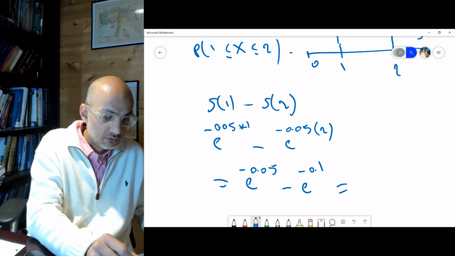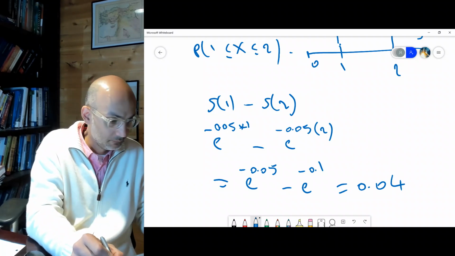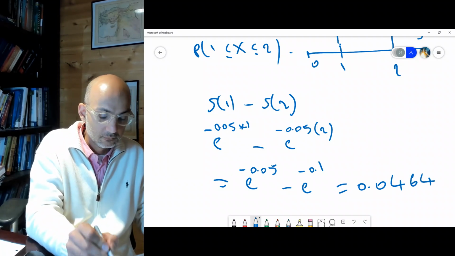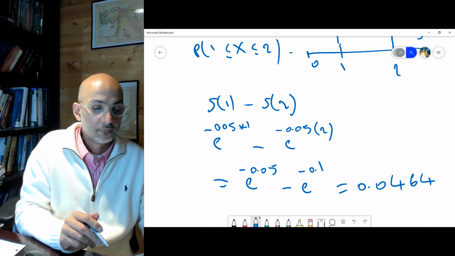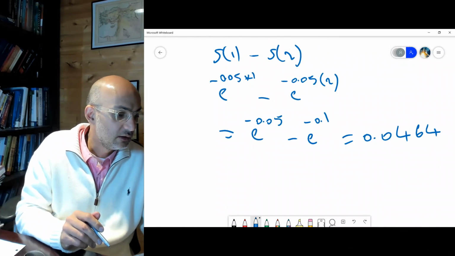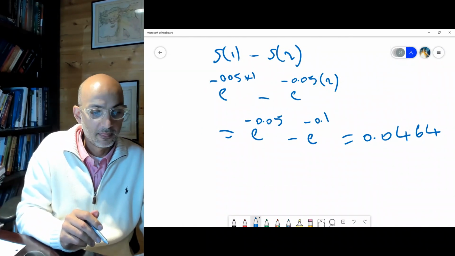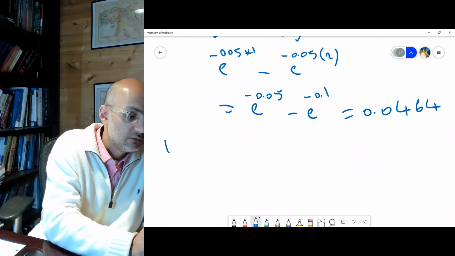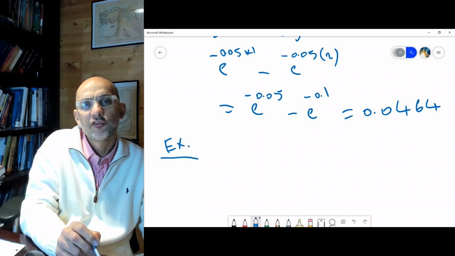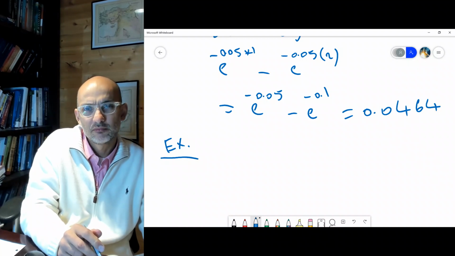I got about 4%, slightly more. Does that make sense? It's straightforward, it's clear, right? Let's take another example, because again, I'm repeating myself, if you write actuarial exams, many questions have uniform distribution or exponential distribution.